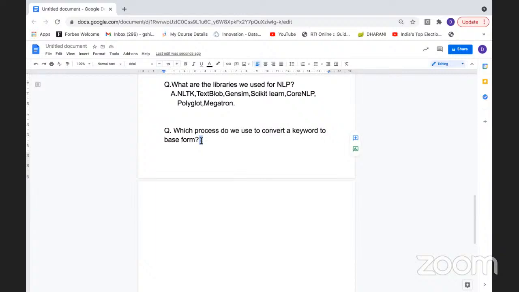Stemming and lemmatization. Right? We go for stemming and lemmatization. So when you give the answer, it's stemming and lemmatization. The next follow-up question would be: what do you understand by stemming? What happens in stemming?